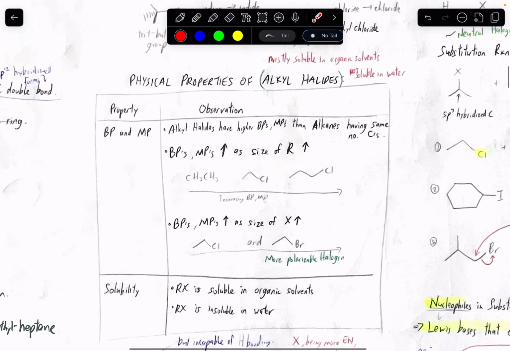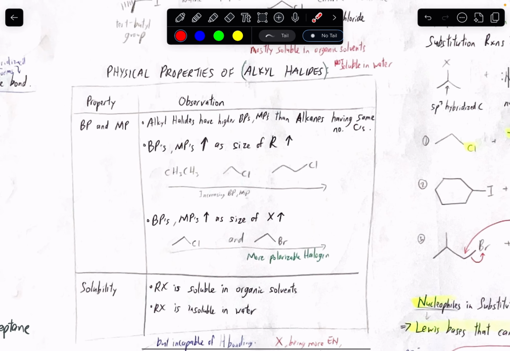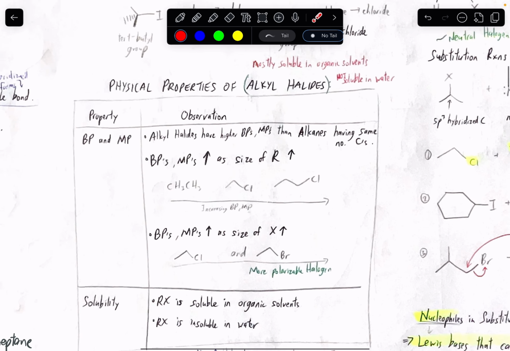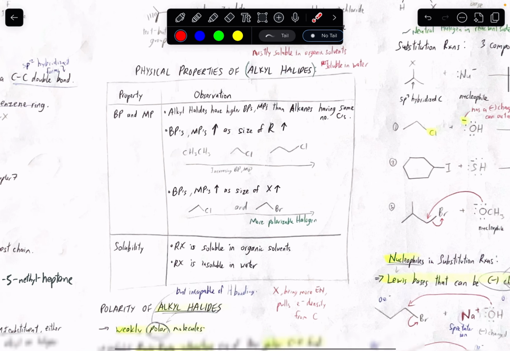Okay, let's talk about physical properties of alkyl halides. Most of these alkyl halides are soluble in organic solvents. At the same time, they are not soluble in water. Alkyl halides are weakly polar molecules.